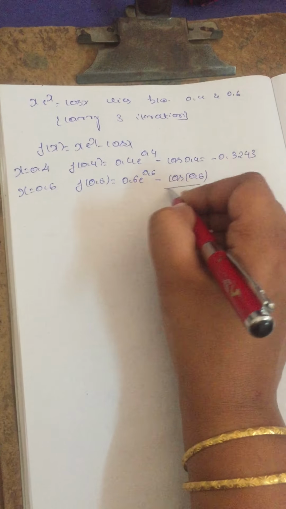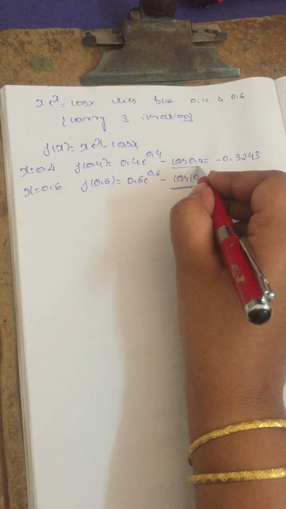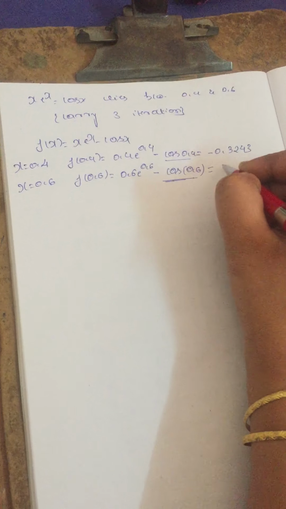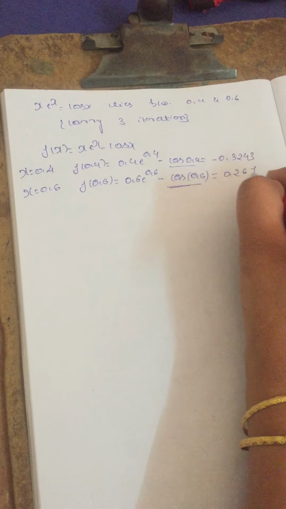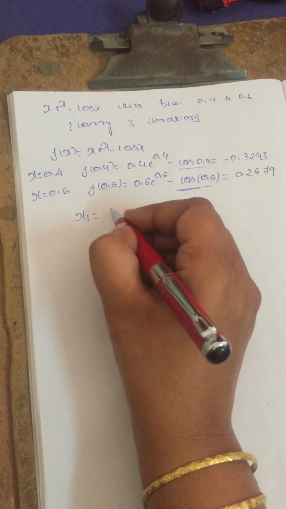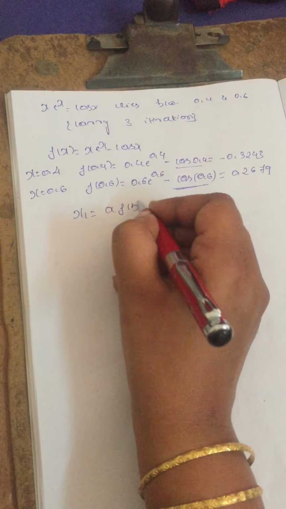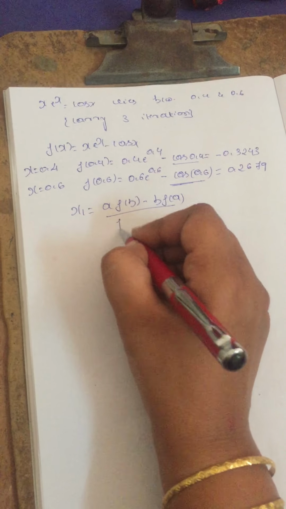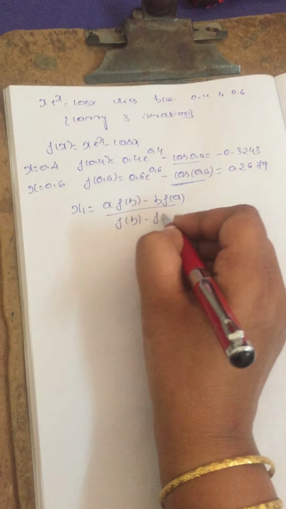Here the cos of 0.6 or cos of 0.4 value is found only in radians. So simplify, here we get 0.2679. Now the regula falsi method states that x1 is equal to a into f of b minus b into f of a divided by f of b minus f of a.